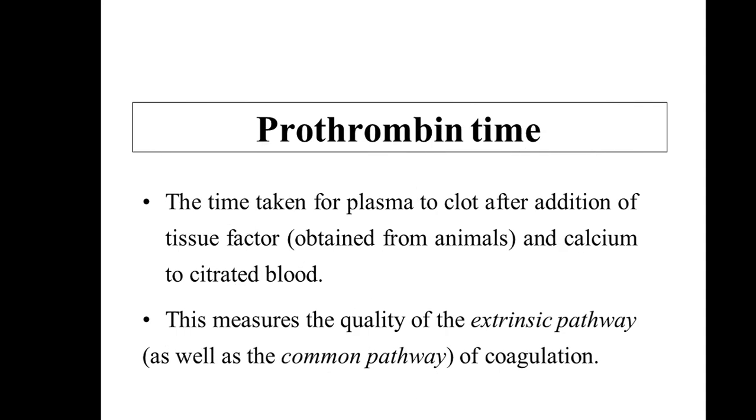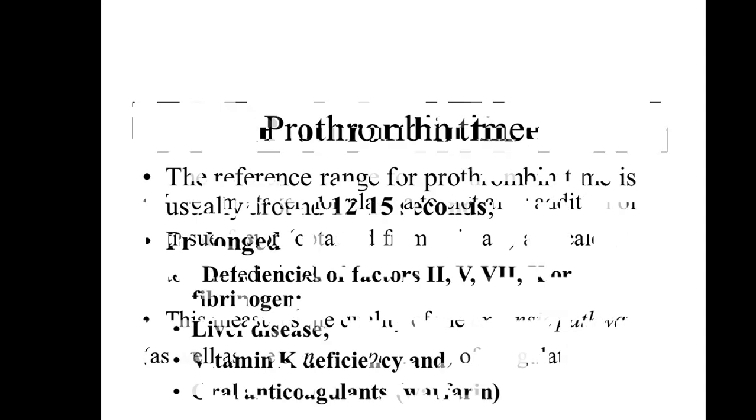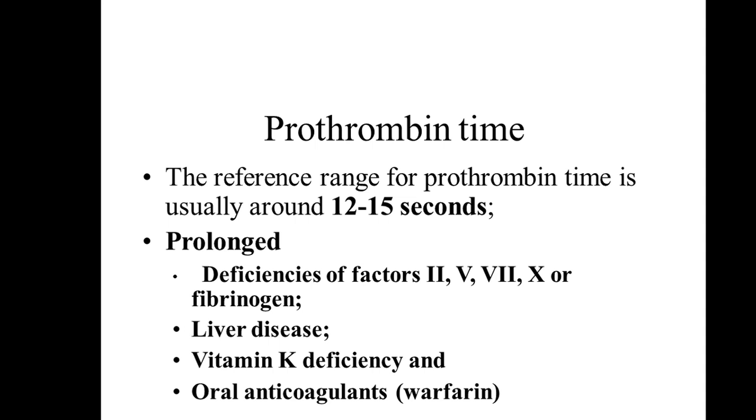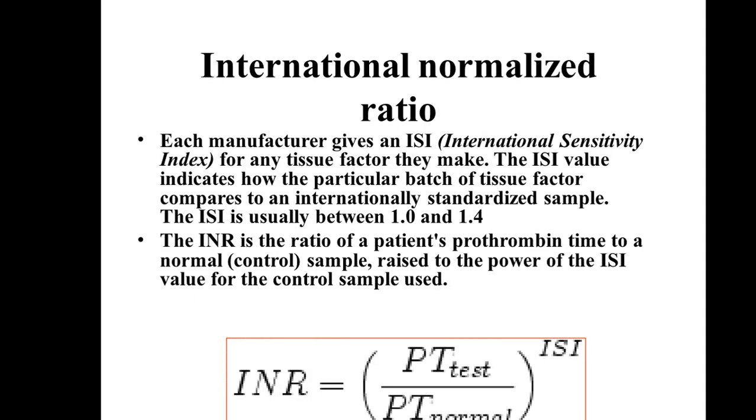Prothrombin time measures the quality of the extrinsic pathway as well as the common pathway of coagulation, and will increase in coagulation disorders. Prothrombin time should be within 12 to 15 seconds. And we should also know the international normalized ratio. It should be between 1 and 1.4. This is the ratio between the patient's prothrombin time and the normal prothrombin time.